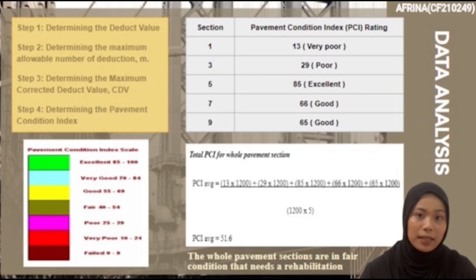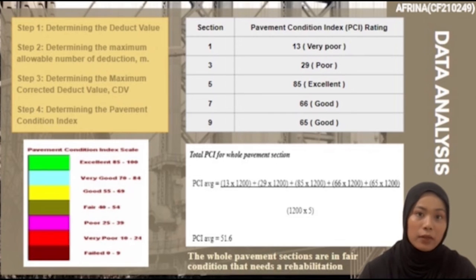Second step is determining the maximum allowable number of deductions using the formula m equal to 1 plus 9/98 times 100 minus the HDV value. Next step is determining the maximum corrected deduct value, CDV. Total up the deduct values and refer to figure B45 to get the CDV. Last step is determining the pavement condition index using the formula PCI equal to 100 minus the CDV max value.